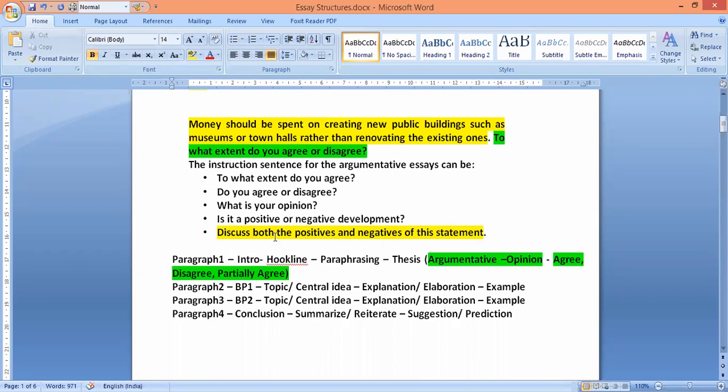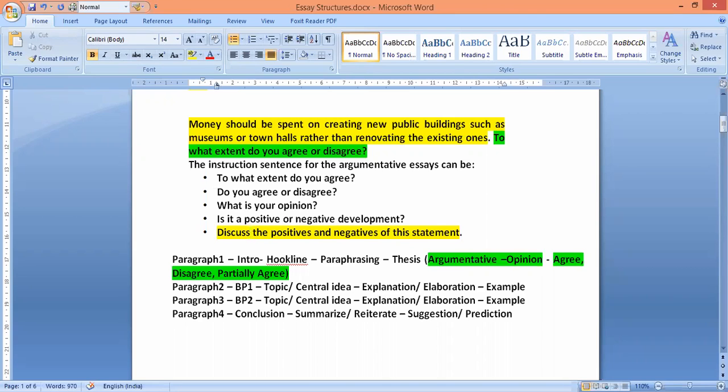I mean, it falls under advantage and disadvantage kind of. Yeah, pros and cons we have to highlight. One body paragraph will have the pros, the second body paragraph will have the cons, I mean negatives.